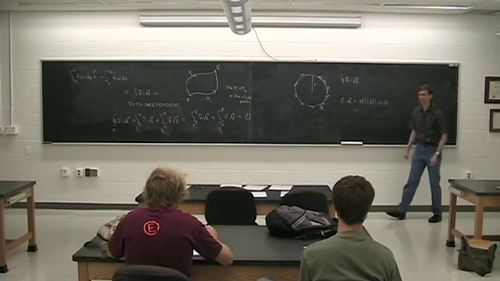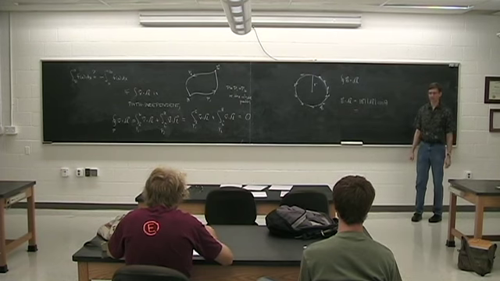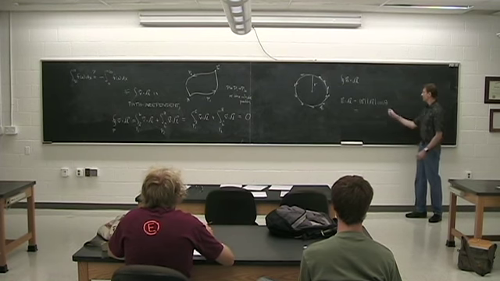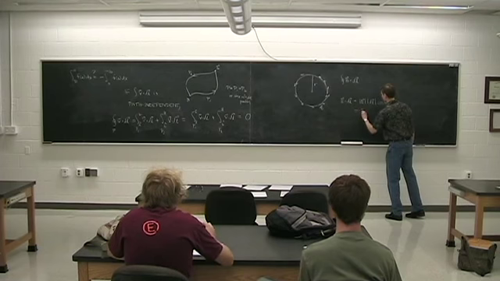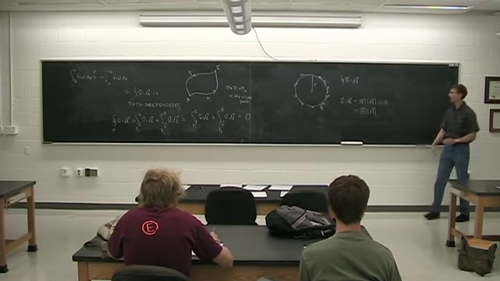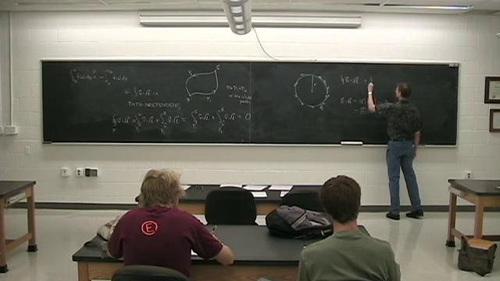And what's the angle between B and dl at every point? 0, because dl is tangent to the circle and B is tangent to the circle. So B dot dl is equal to the magnitude of B times the magnitude of dl for every little B dot dl.